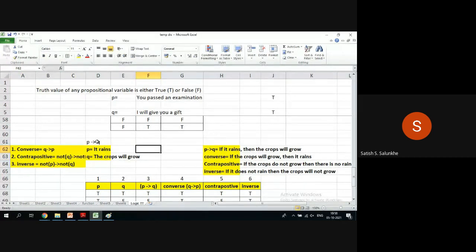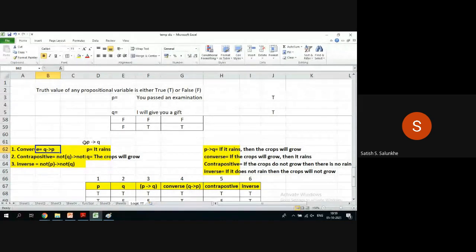If you take its converse, which is also an implication, and you take its contrapositive, the contrapositive of the converse is not of P implies not of Q. But basically this is the inverse.